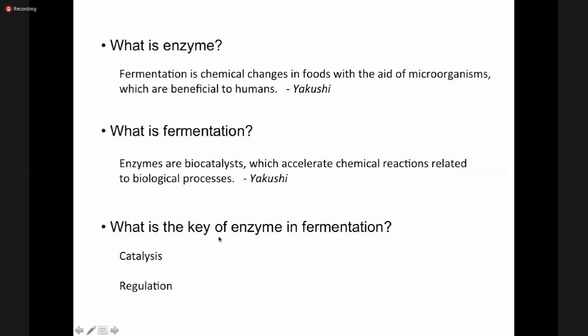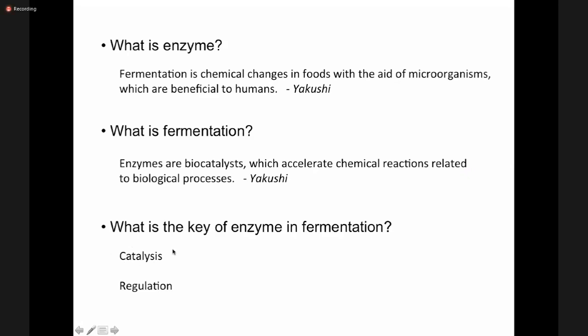And what is the key of enzyme in fermentation? Of course, catalysis. This is very, very important. As I said about pyruvate decarboxylase, if we don't have pyruvate decarboxylase, we cannot produce ethanol by itself. So catalysis is really important. If you don't have specific catalysis, you cannot produce a specific chemical compound.